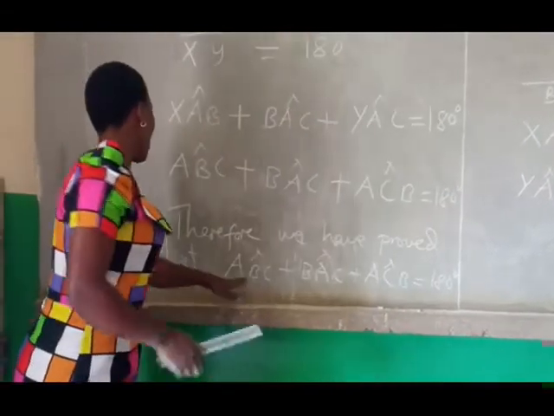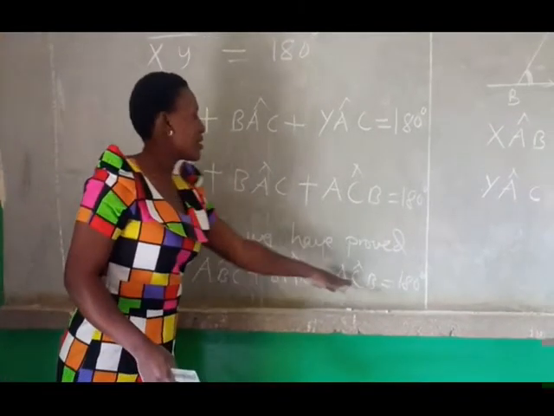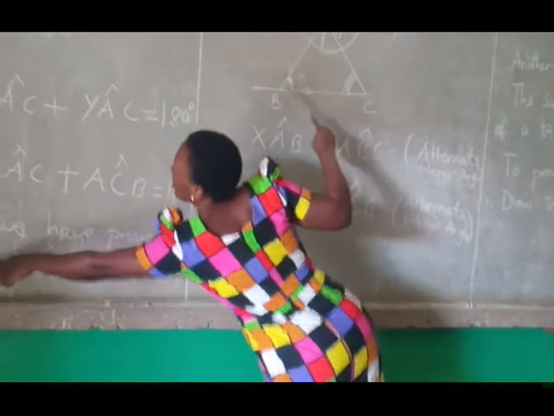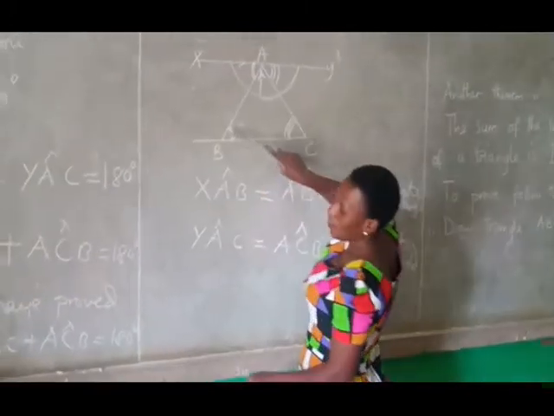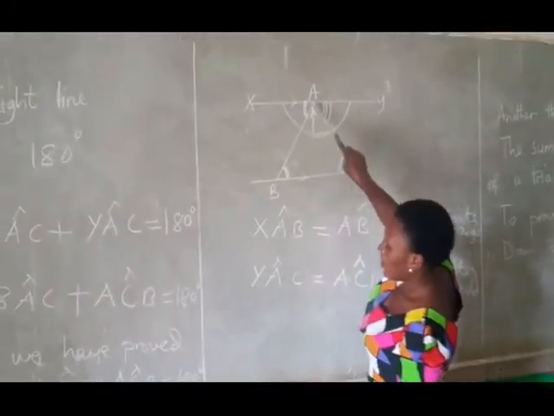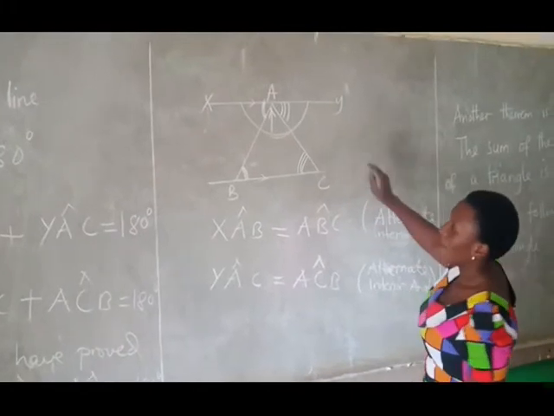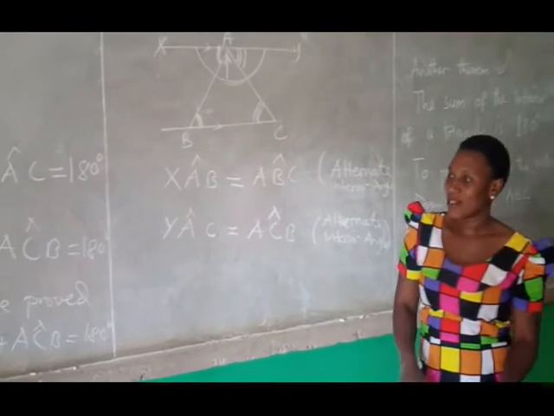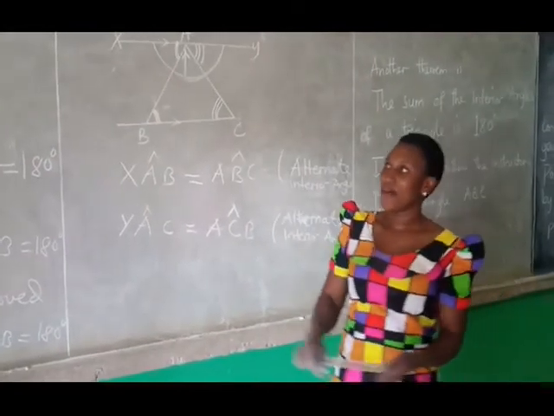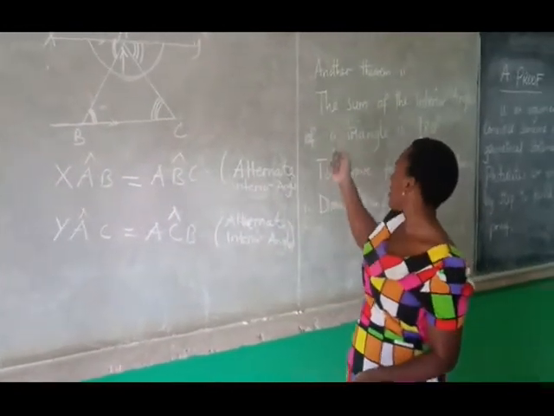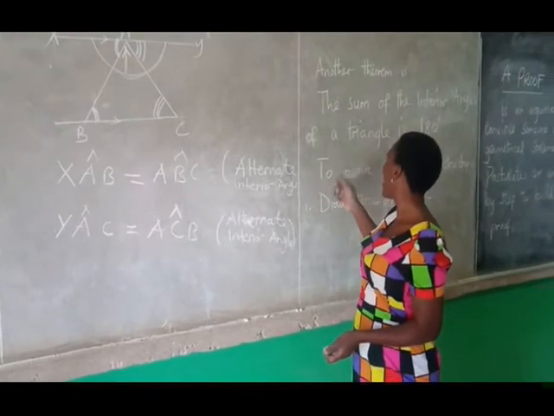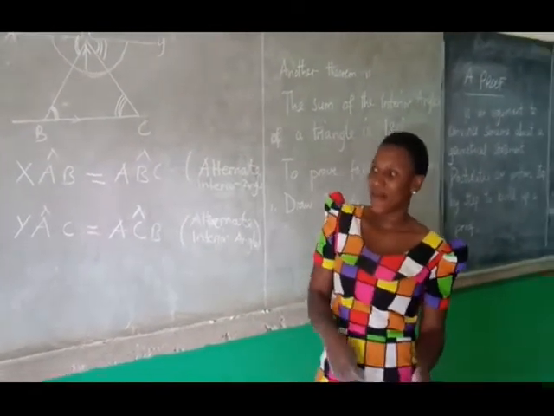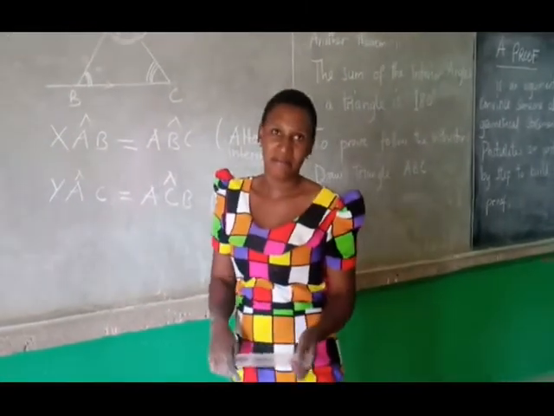These are angles within that triangle. The first one is angle B, then angle A, then angle C. They have already made a total of 180 degrees. Hence, we have proved our theorem, that the sum of the interior angles of a triangle is 180 degrees. As you can see, we have already proved the theorem.